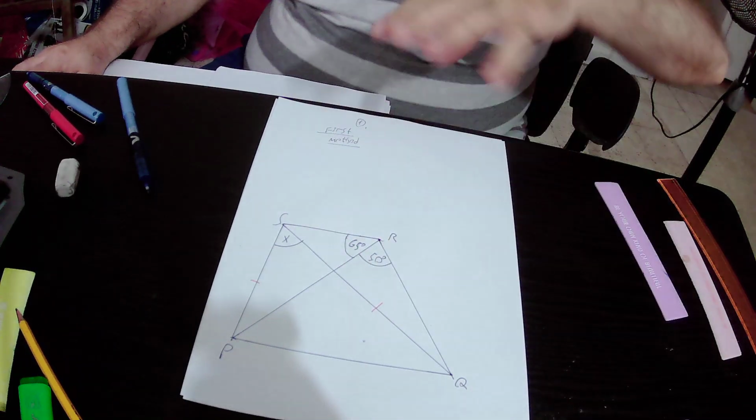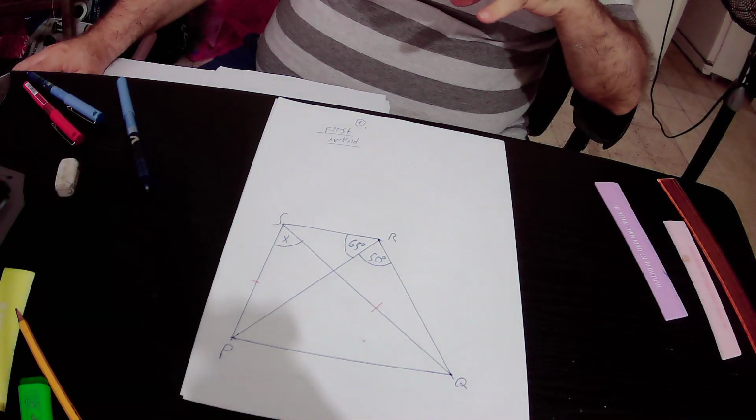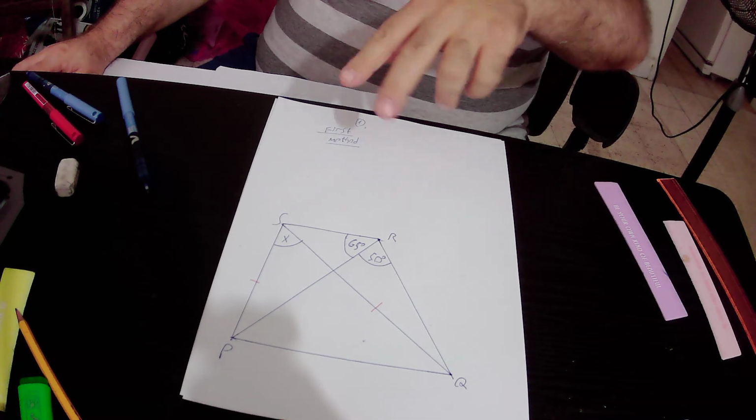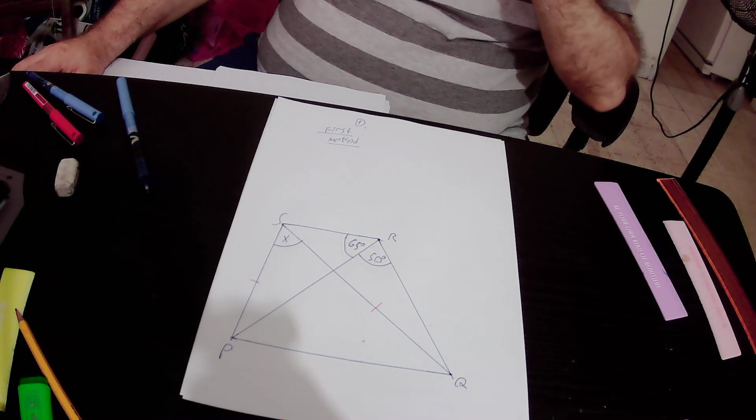Hello, in this lecture we will find the value of x in two different methods. In the drawing we have quadrilateral SRPQ.